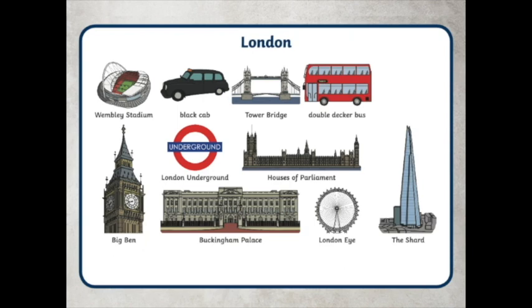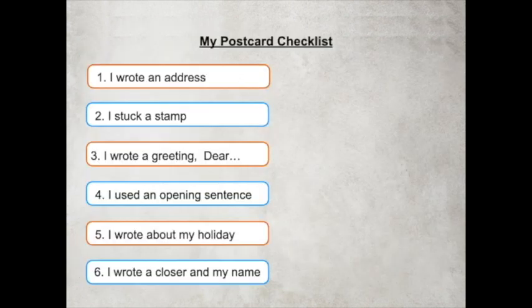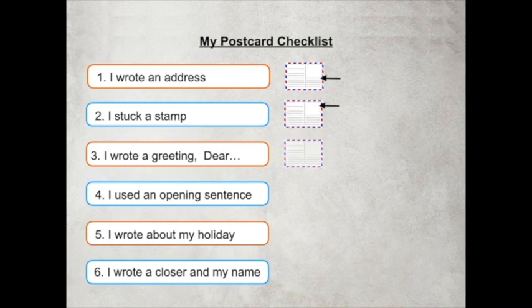Okay, so now it's your turn. Go ahead and practice writing a postcard, and remember all the parts of the postcard. One last time, here is your postcard checklist. The things you need to make sure that you have done in your postcard. Did you write an address? Did you stick a stamp? Did you use a greeting like dear and the name of the person you're writing to?